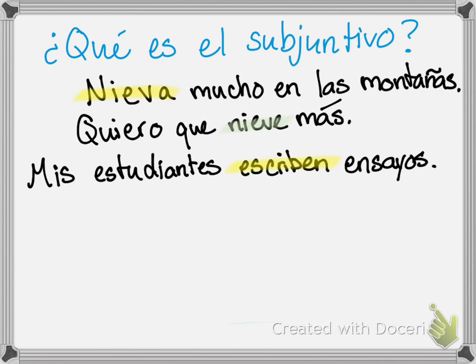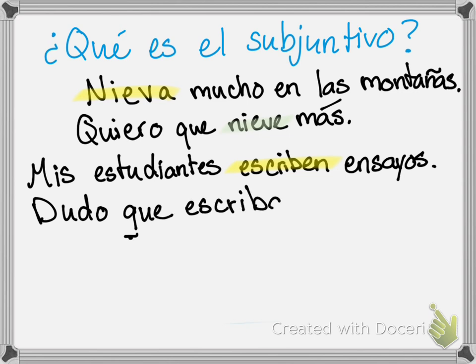Escribir, to write. Escriben, they write. Ensayos. I have feelings about that, right? So I might say dudo, expressing doubt. Dudo que escriban bien. This is not true. I'm just trying to give an example. Dudo que escriban bien. I doubt that they write well.